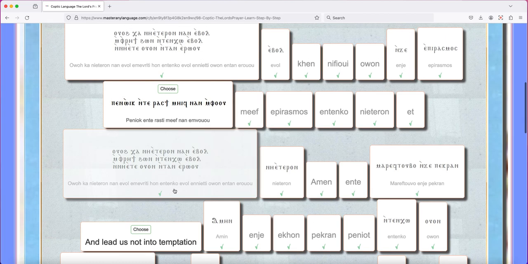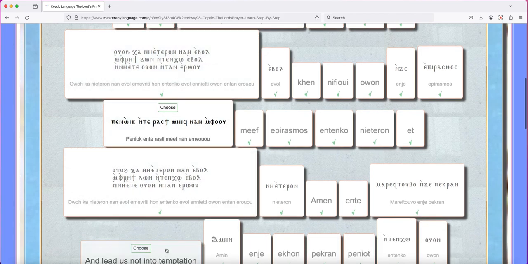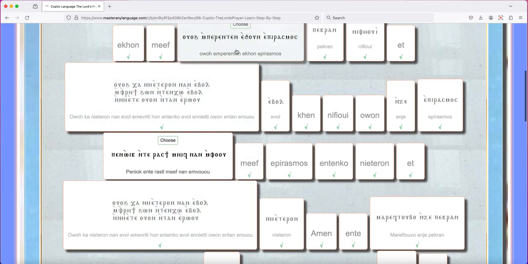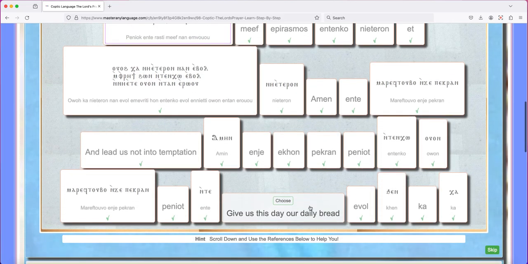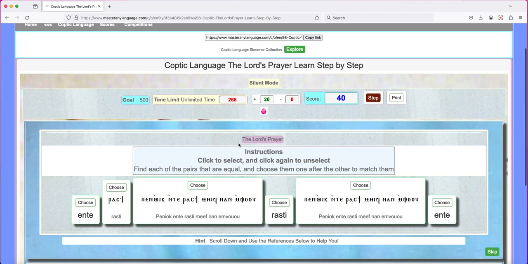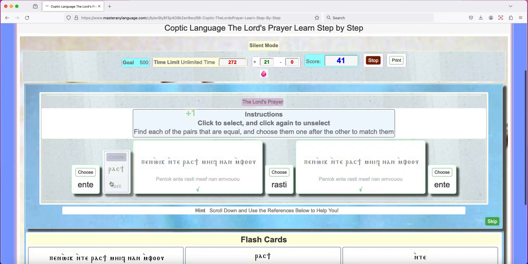I remember epirasmos was related to the temptation, so let's pick that one. Pinyoik interasti mif nan emevo, give us this day our daily bread. Okay. Pinyoik interasti mif nan emevo rasti. See this T here? It's actually T. T, like that sound. Rasti.